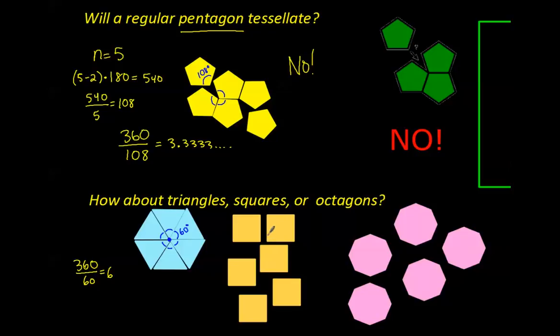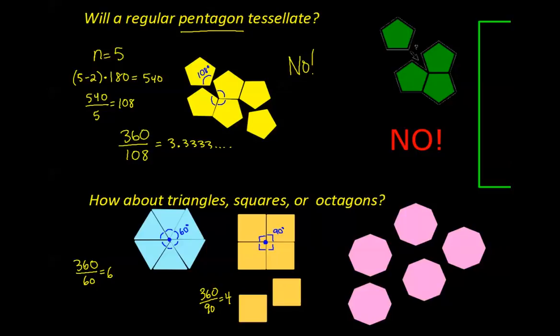How much is each of these interior angles? 90 degrees. So take 360, divide it by 90, how much do we get? 4. So I can take 4 of these squares around one singular point, and I'm going to get a regular tessellation. 1, 2, 3, 4.